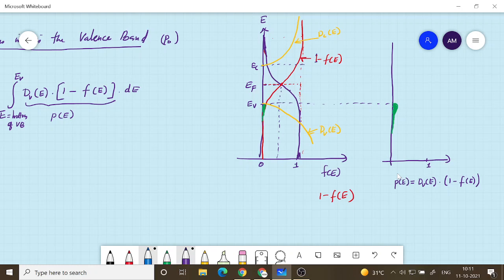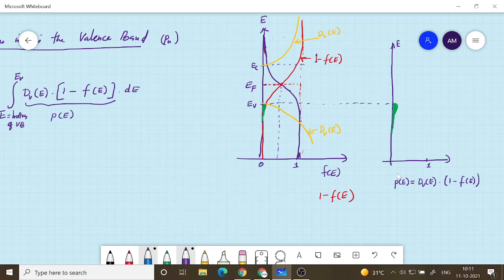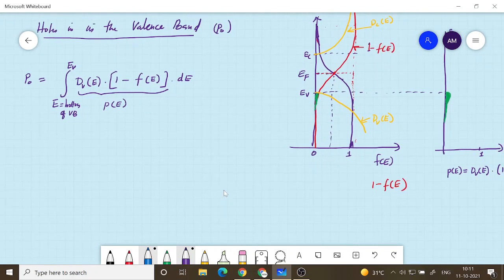So P of E is basically this, and if I integrate for all the energies up to EV downward, then I will get P0, that is the total number of holes. So the total number of holes is determined by two things. One is the states, how many states are available, multiplying what is the probability of making it vacant. Vacancy is 1 minus f of E. F of E is occupancy and 1 minus f of E is vacancy.